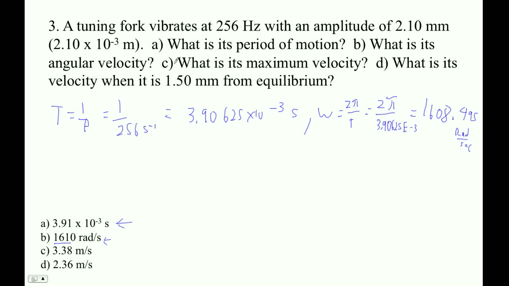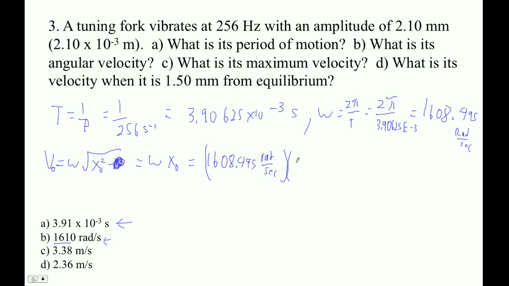What is its maximum velocity? Well, velocity is omega times the square root of x naught squared minus x squared, right? And if you want maximum velocity, make that x 0. So it's omega x naught. So it's going to be 1608.495 rad per second, and then our amplitude is 2.1 millimeters.